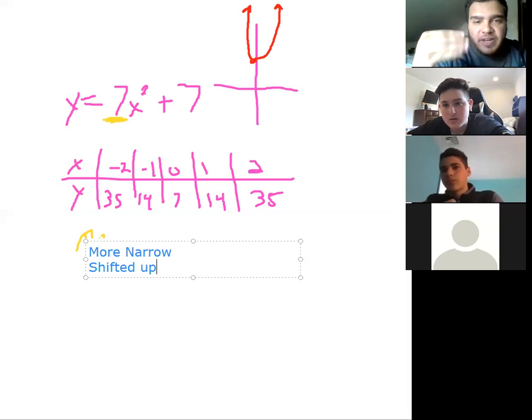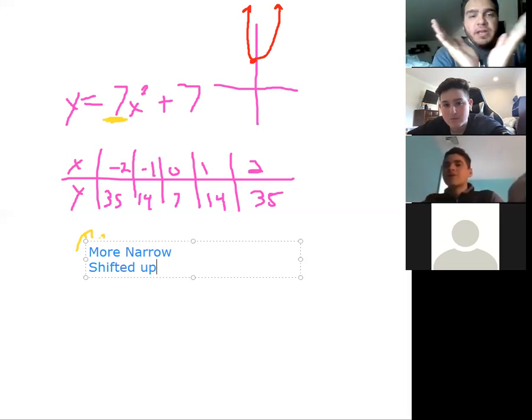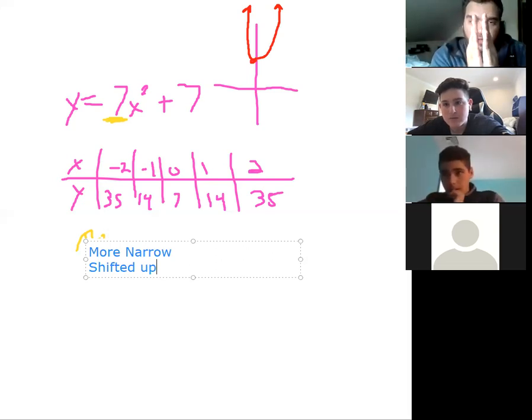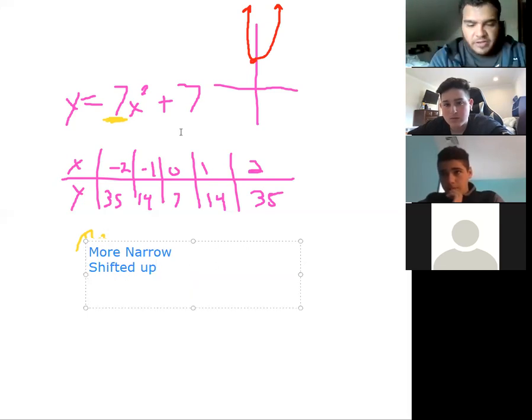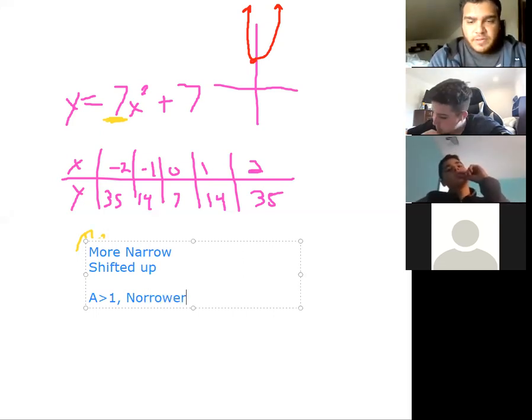Now I've put a second element to it, which is you telling me, does it get skinnier or wider? The rules to decide are: when A is greater than 1, which one is A? A is the number in front of x squared. It gets narrower.